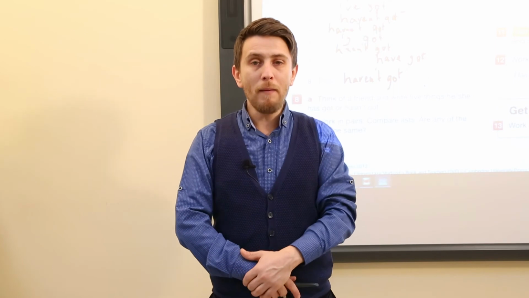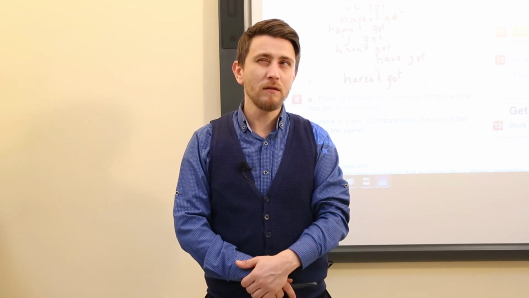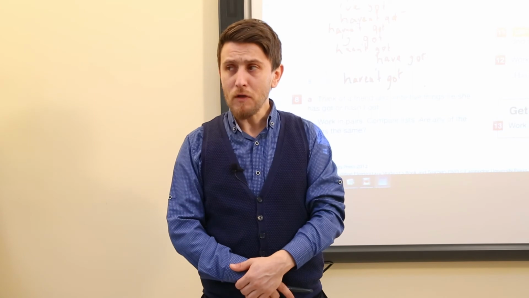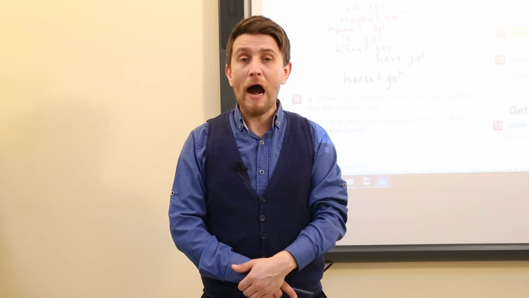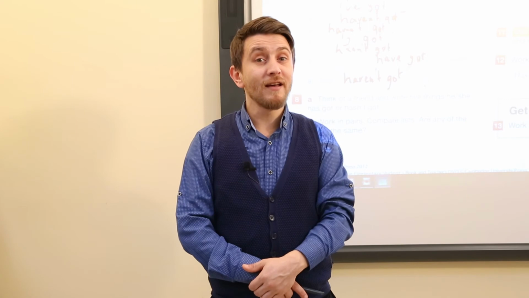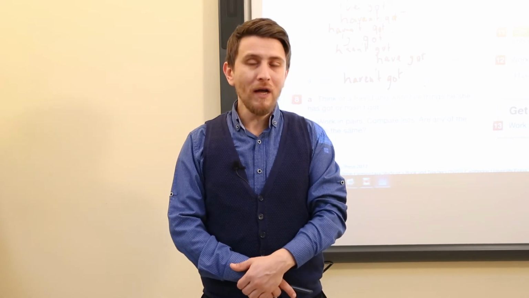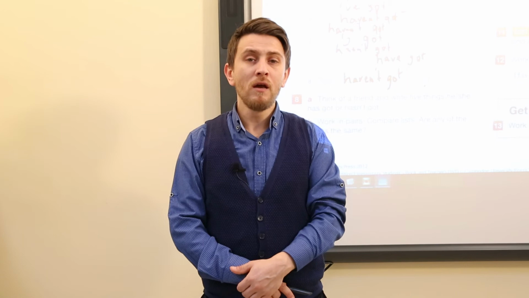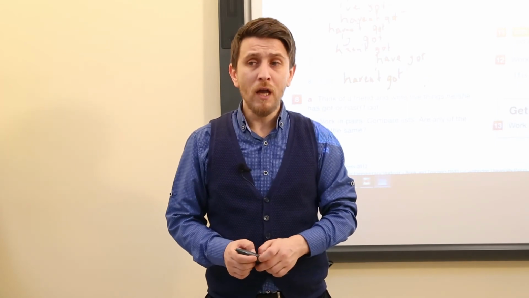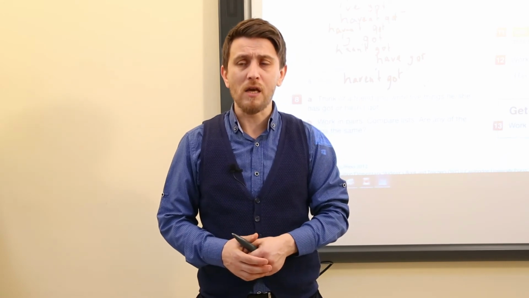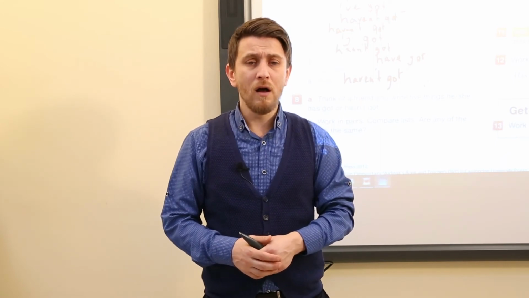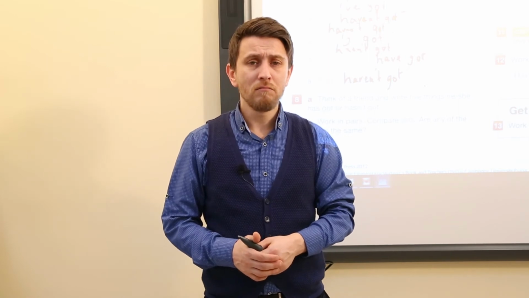Let's talk about my brother. What has he got? He's got a new mobile phone, he's got a new car, he's got a house, he's got a baby. What hasn't he got? He hasn't got a laptop. He doesn't use it. He hasn't got a jacket.